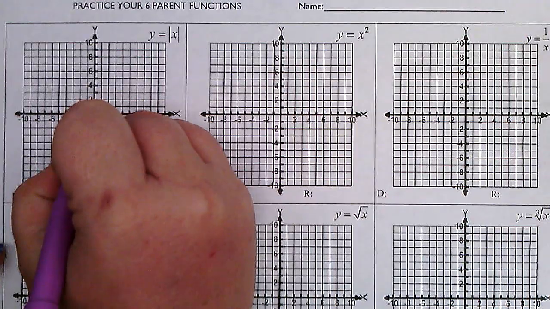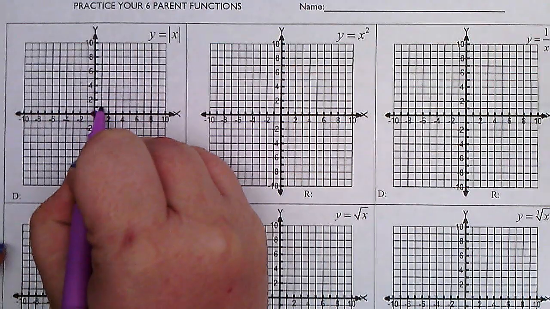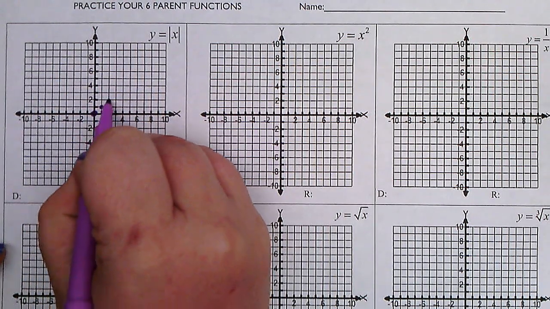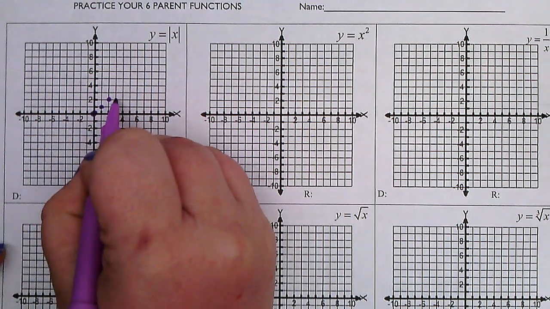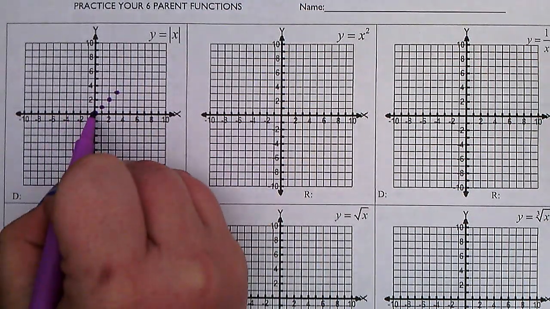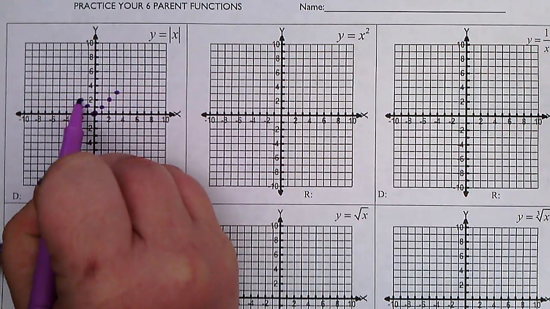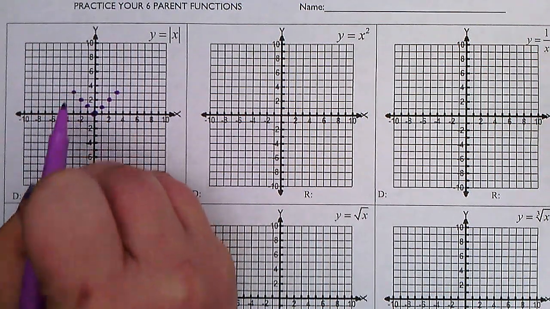Absolute value of x has a starting point at 0, 0, and then its growing pattern is over 1, up 1, over 2, up 2, over 3, up 3 on the right hand side, and on the left hand side as well, left 1, up 1, left 2, up 2, left 3, up 3.